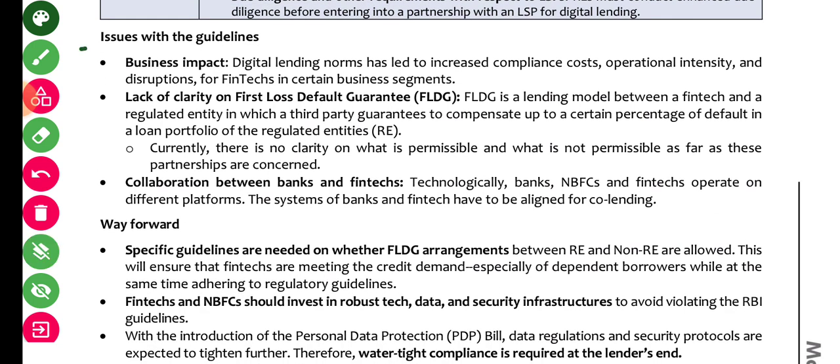What are the issues with the guidelines? Business impact: digital lending norms have led to increased compliance cost, operational difficulties, and disruptions for fintechs in certain business segments. Lack of clarity on the first loss default guarantee, okay, collaboration between banks and fintech. So keep this in mind.